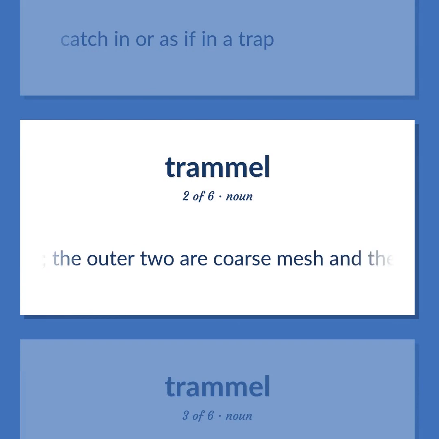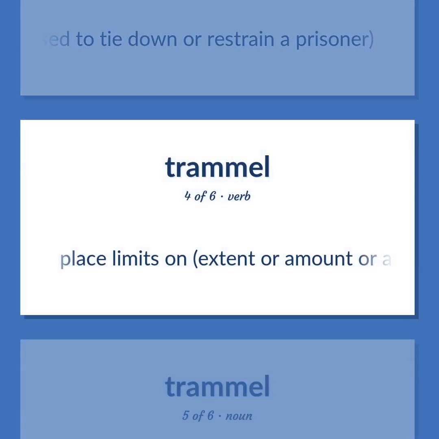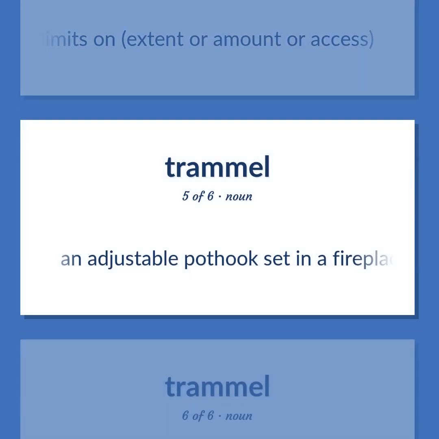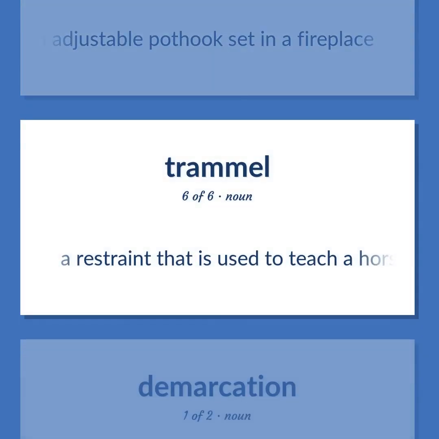The outer 2 are coarse mesh and the loose inner layer is fine mesh. A restraint that confines or restricts freedom, especially something used to tie down or restrain a prisoner. Place limits on, extent or amount or access. An adjustable pothook set in a fireplace. A restraint that is used to teach a horse to amble.